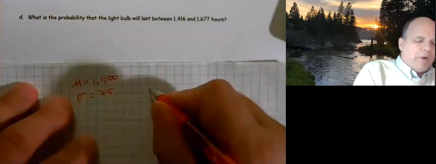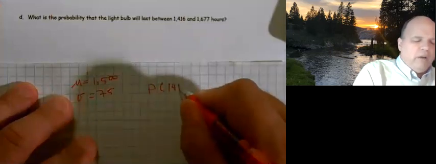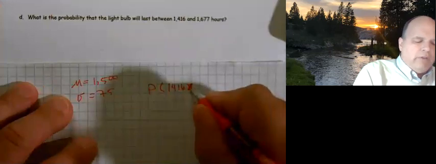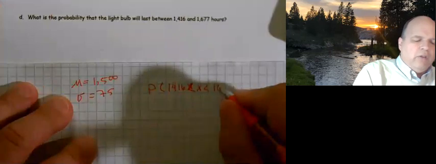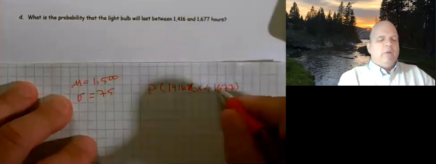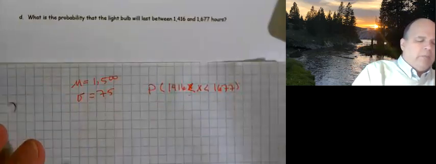And we're looking for the probability that this bulb is going to last between 1416 less than X is less than 1677. And if you want to make it less than or equal to, that's fine. It doesn't matter. It really doesn't. We can talk about that at a later time.